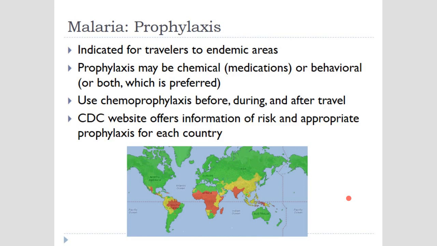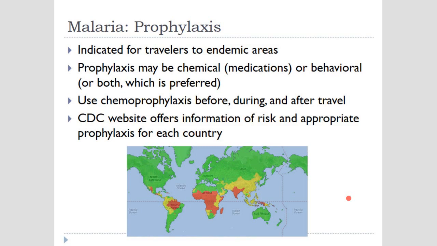Now, one of the things when we talk of malaria is that we can do prophylaxis, of course, before you go over there, because if there's malaria there, I'm not going to stay home. You do prophylactic measures, so it is indicated for travelers. There are many things in terms of people at risk.